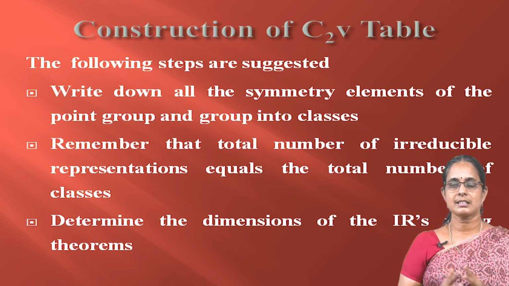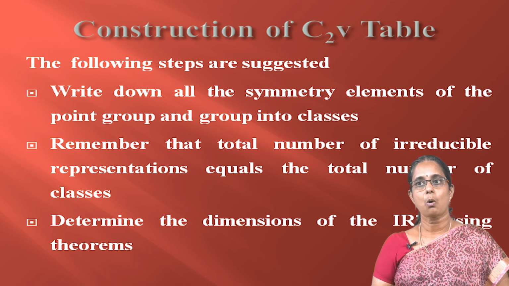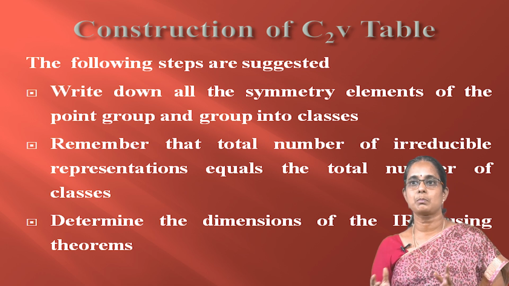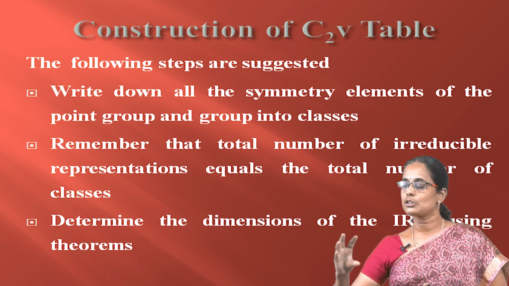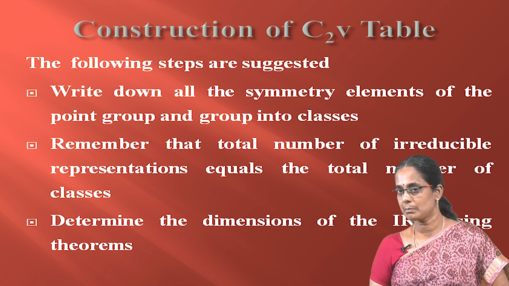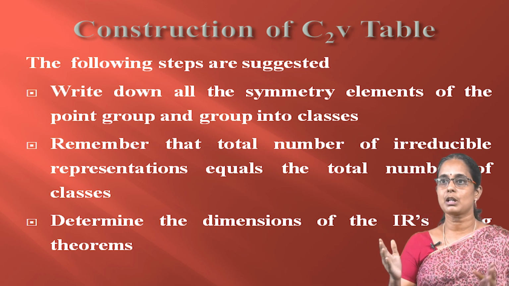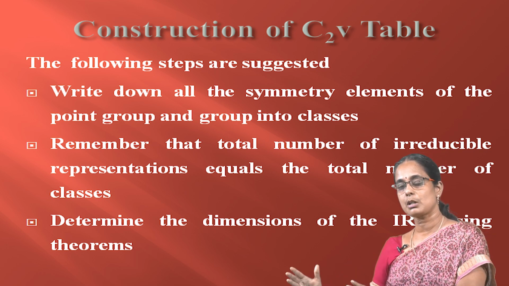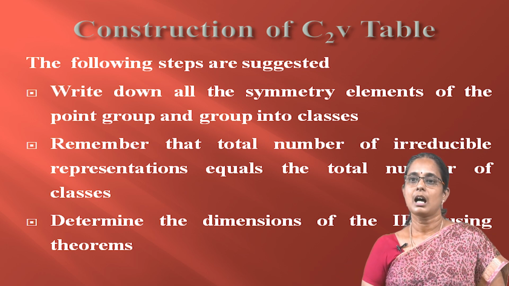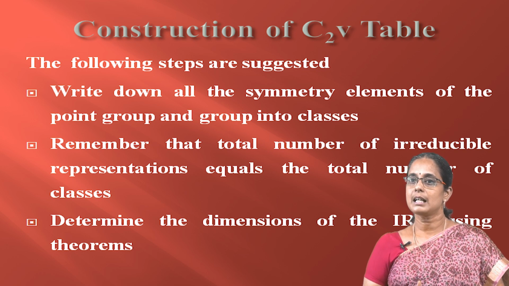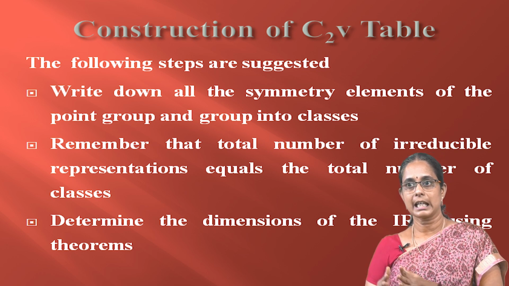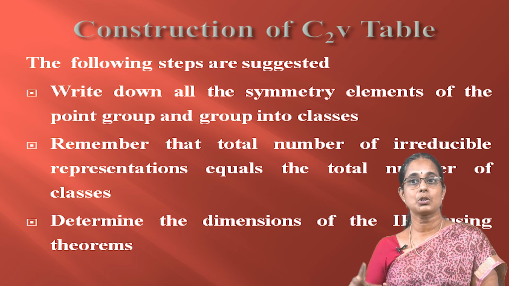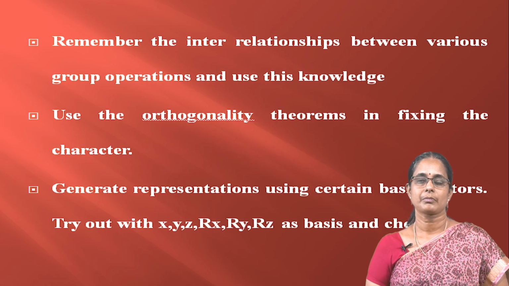The first step: write down all the symmetry elements of the point group and divide the group into classes. Remember that the total number of irreducible representations equals the total number of classes. Next, determine the dimensions of the irreducible representations using the theorem.